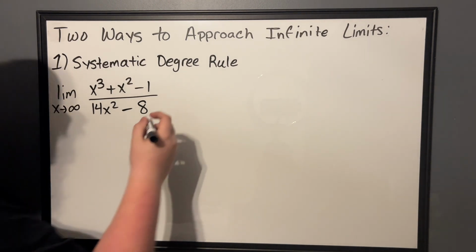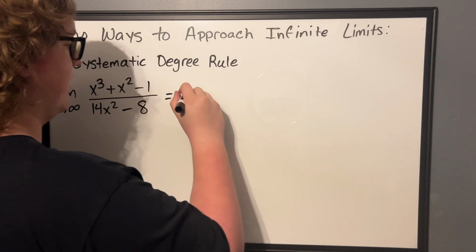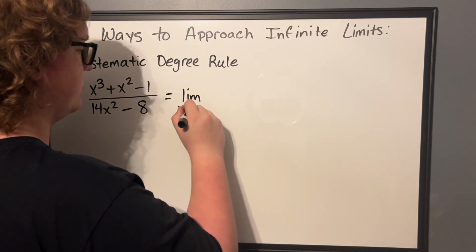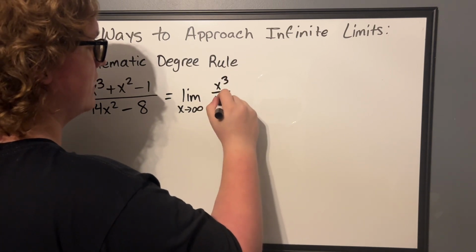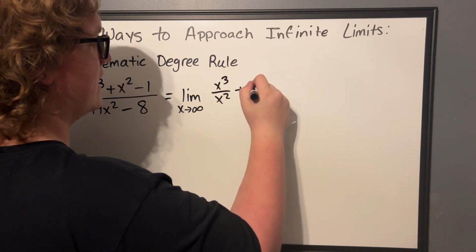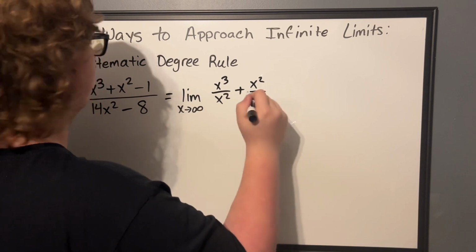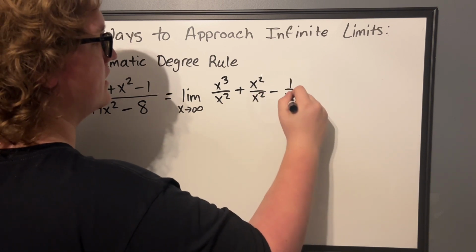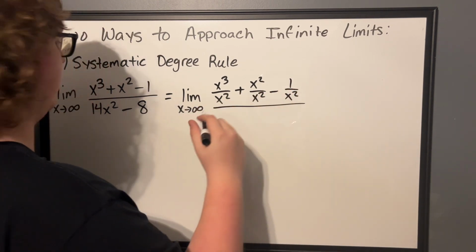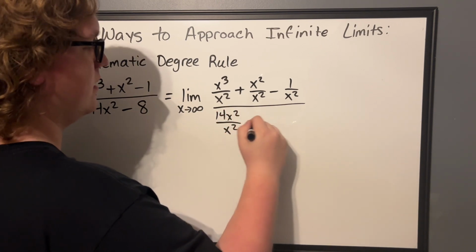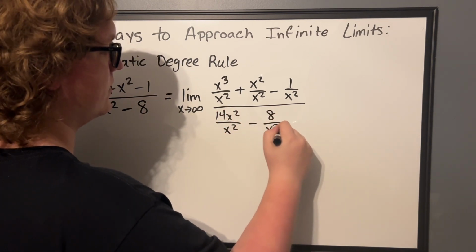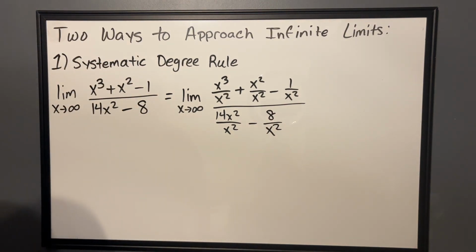So let's go ahead and do that. We're going to have the limit as x goes to infinity of x cubed over x squared plus x squared over x squared minus 1 over x squared, and all of that is over 14x squared over x squared minus 8 over x squared. Okay, so we want to do some simplification again.